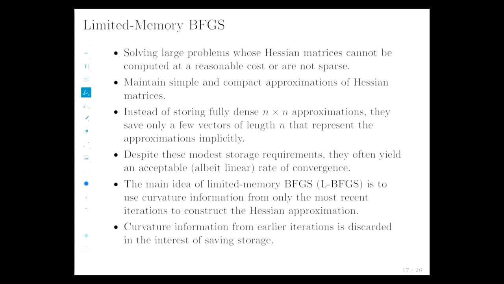I need to store s_k. I need to store y_k. I mean, I need to store the previous value of the gradient and the previous value of x. So it's n plus n. I need to store the previous estimate of the inverse, which is (n squared plus n) divided by 2. So in total, I need (n squared plus 5n) divided by 2, a number like this.